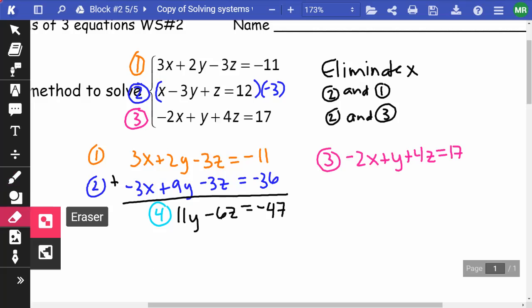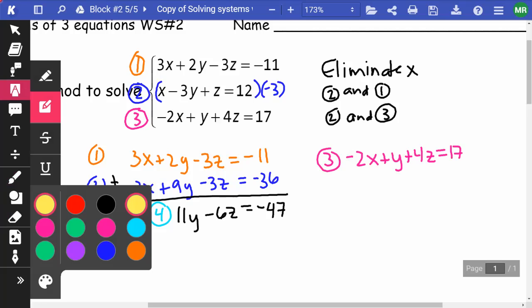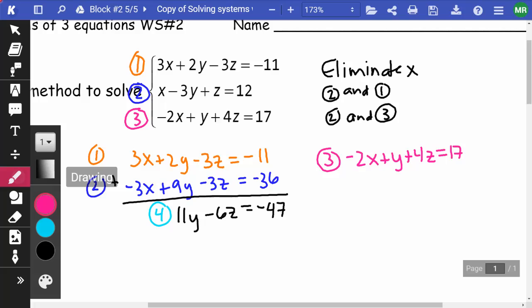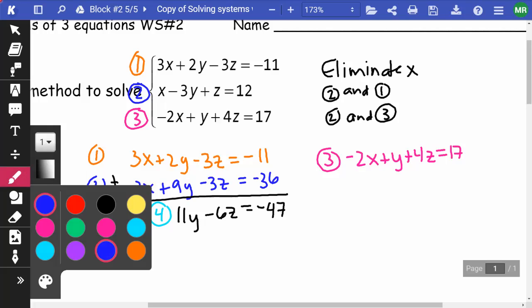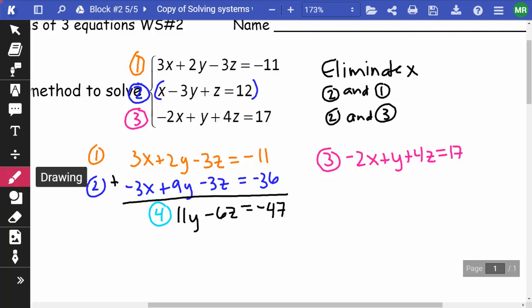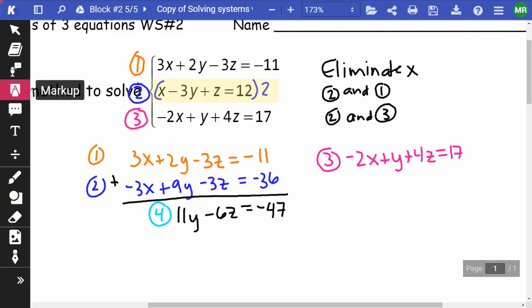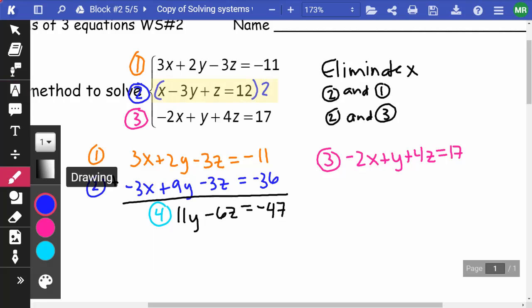And this time, instead of multiplying equation 2 by a -3, I am going to multiply it by a +2. So again, this equation right here, I'm going to multiply by a +2. When I do that, I end up getting for equation 2, 2x minus 6y plus 2z is equal to 24.